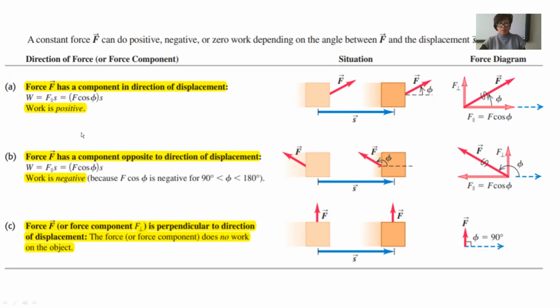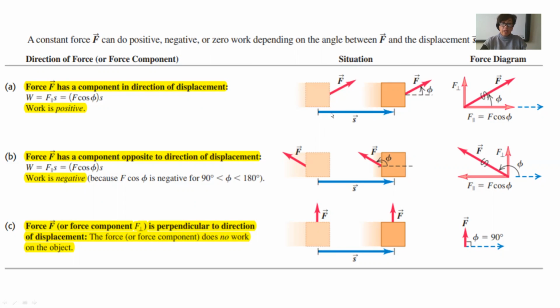Maybe we take part number A. The force has a component in the direction of displacement. We know the work will be positive, and work equals F multiplied by cosine alpha multiplied by displacement. This is the direction of the force, and here this is the angle between the force and the projection on the x axis.